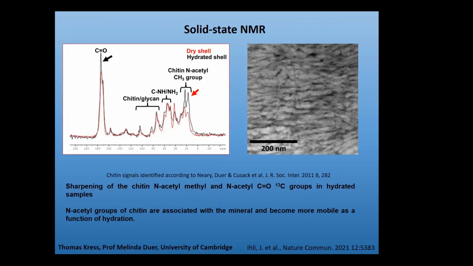And then we wanted to know what's happening at the molecular level with the shells. And that was done using solid state NMR. I won't go into all the details on that, but the only thing I want to point out, which is really interesting, is that the difference between the spectra of the hydrated and dry shell is that the hydrated one will have the sharpening of the signals corresponding to the N-acetyl methyl and N-acetyl carboxylate groups. And what this means is two things.